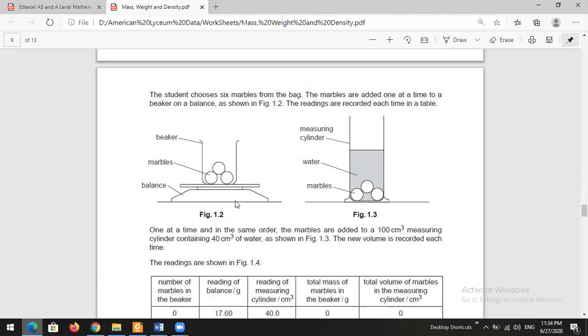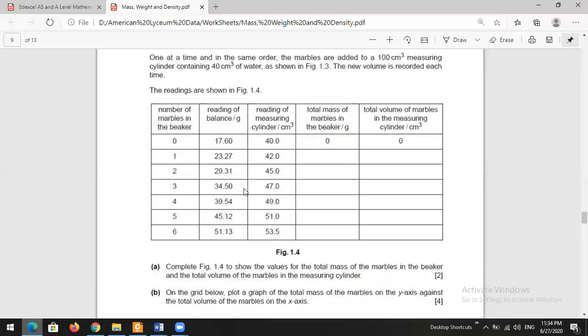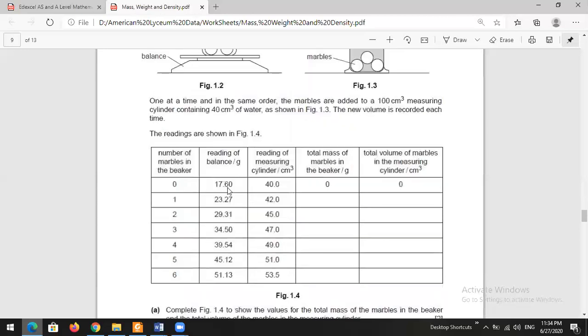First of all, we will measure the mass of each marble one by one. Just marble 1, then number of marbles equal to 2, then 3, then 4. We will take readings on this balance one by one. The readings have been given to you.